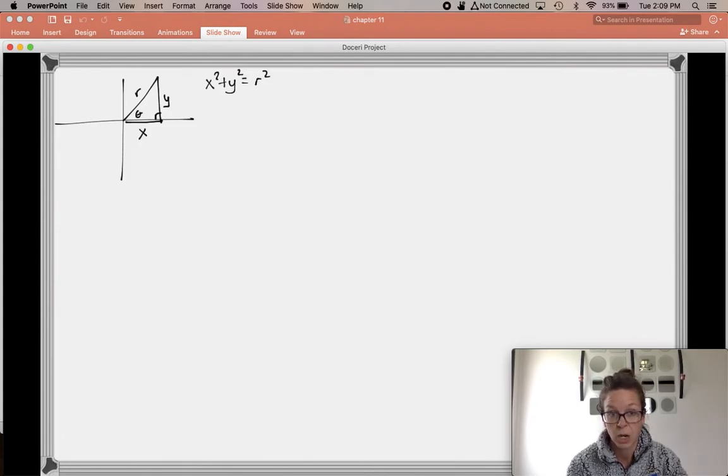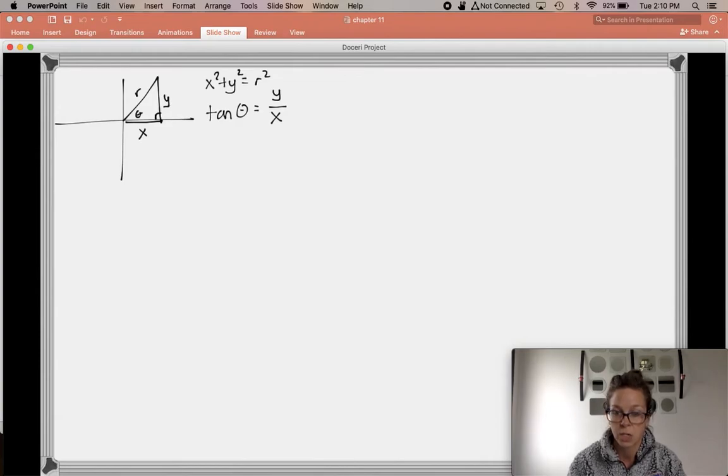And then the rest of them are going to come from trig. So right triangle trig, the tangent of theta, tangent is opposite over adjacent. So the tangent of theta is y over x. So that relates x and y to theta. So those 2 equations would help us if we have x's and y's and are trying to turn them into individually r's and thetas. Our other 2, well, let's do our other 2 trig equations. So if I have the sine of theta, sine is opposite over hypotenuse, so that'd be y over r.